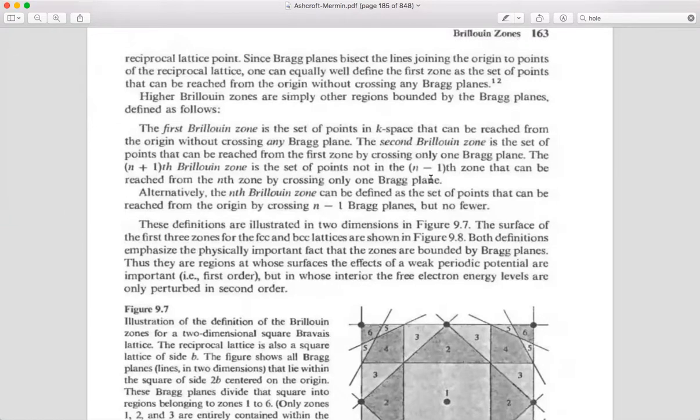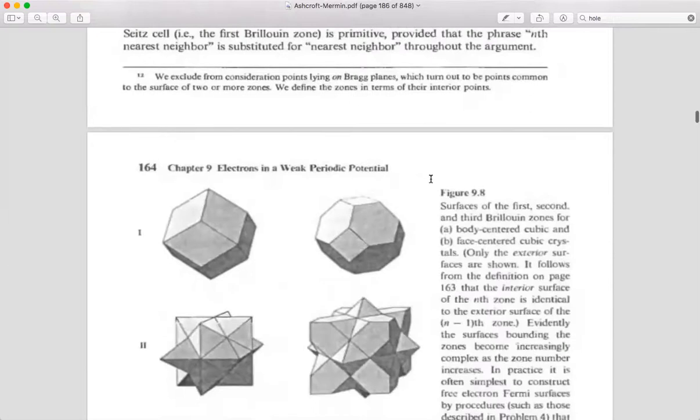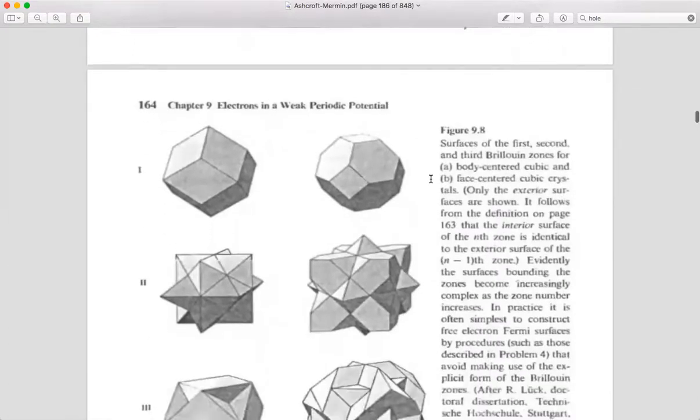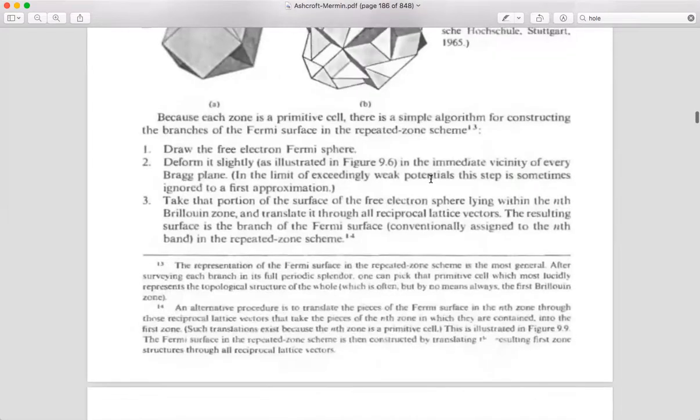So we'll introduce discontinuities in the free electron Fermi sphere near the Bragg planes. The pieces that we get after that will constitute the final Fermi surfaces of the metals.